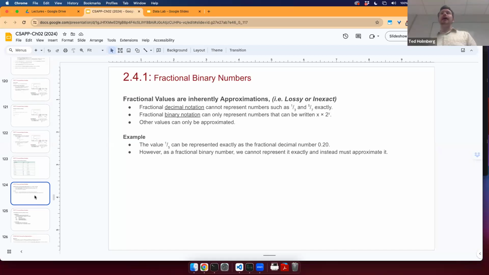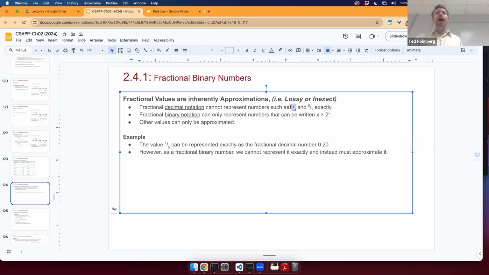Some examples that I actually like to give to illustrate that this is a deficiency, not just in our binary representation but our decimal representation, is that we don't actually have a value that means 1/3 in decimal, right? We have to just represent it as 0.3333.